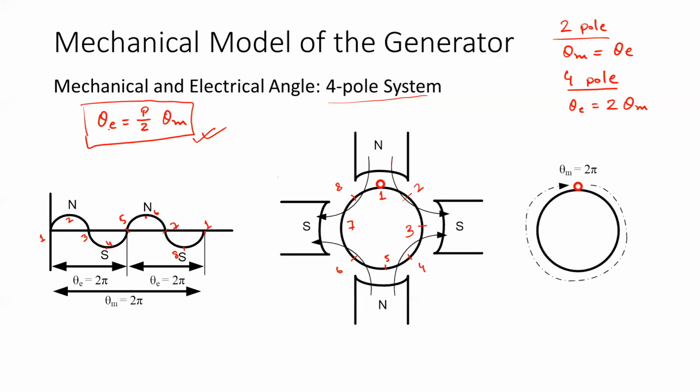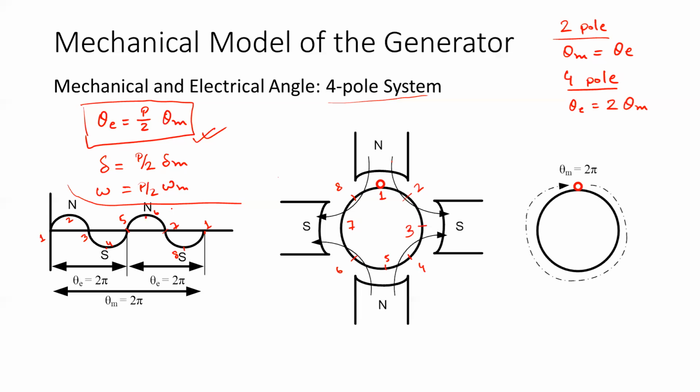This is equivalently true for delta as well as for omega. If delta is your electrical angle, then it will be P by 2 into delta m. If omega is your electrical angle, it will be P by 2 into omega m.